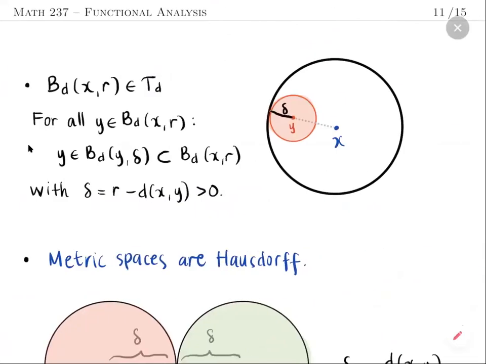By definition, an open ball is open with respect to the metric topology. So the open ball centered at X with radius R is open with respect to the metric topology.